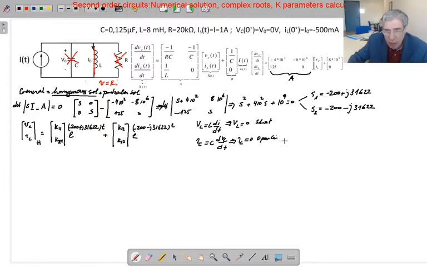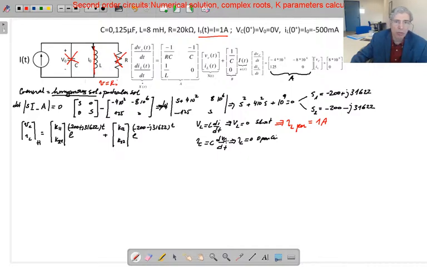So from that conclusion, IL particular is equal to this source. Kirchhoff current law, if you write it for this node, is going to be this equals 1 amp. So let's come to capacitor voltage.